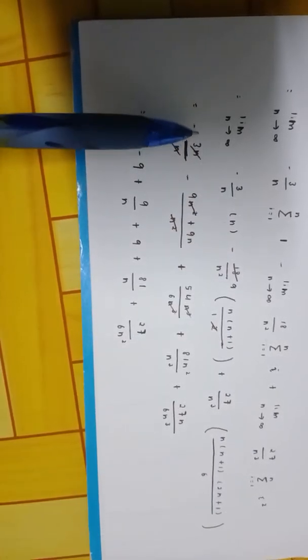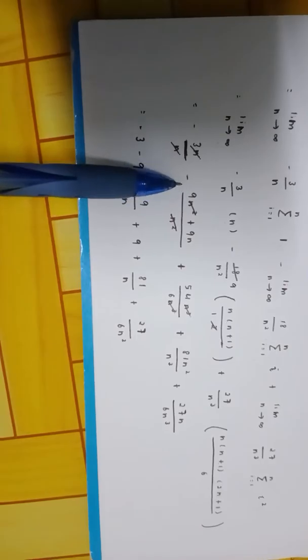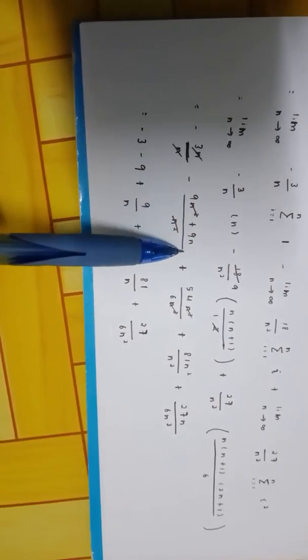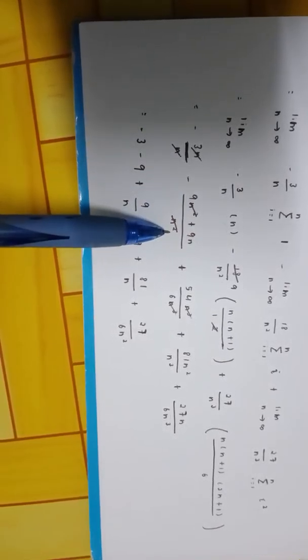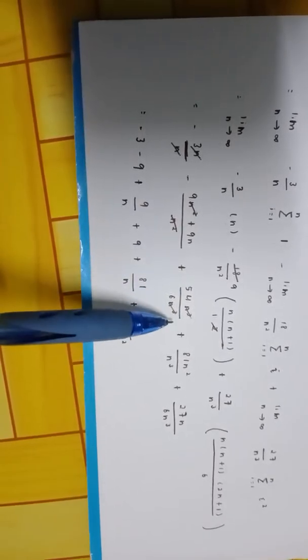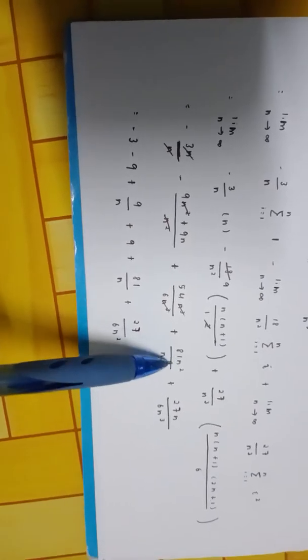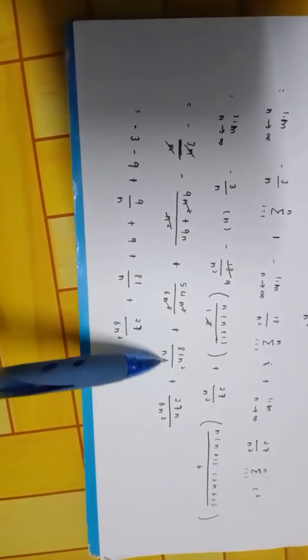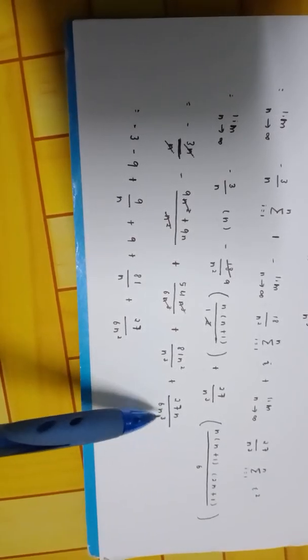So we got negative 3n over n minus (9n squared plus 9n) over n squared plus (54n cubed plus 81n squared plus 27n) over 6n cubed.